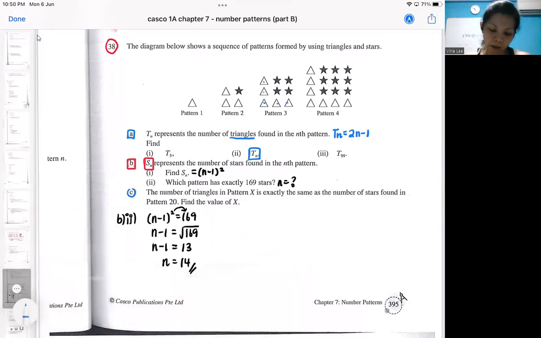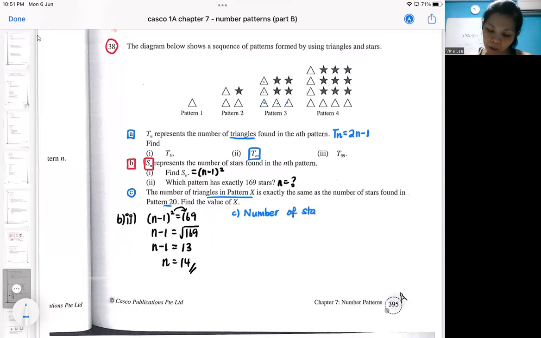So for part C, a lot of people also get stuck. The number of triangles is exactly the same as the number of stars in pattern 20. So you should ask yourself how many stars in pattern 20.